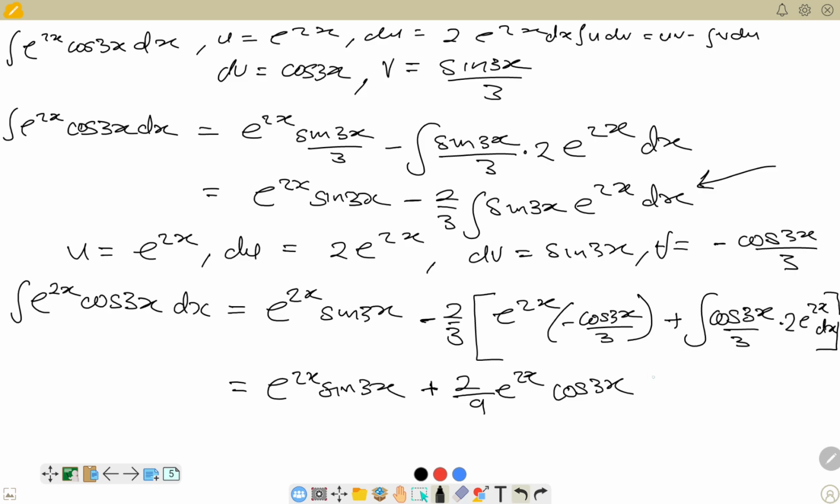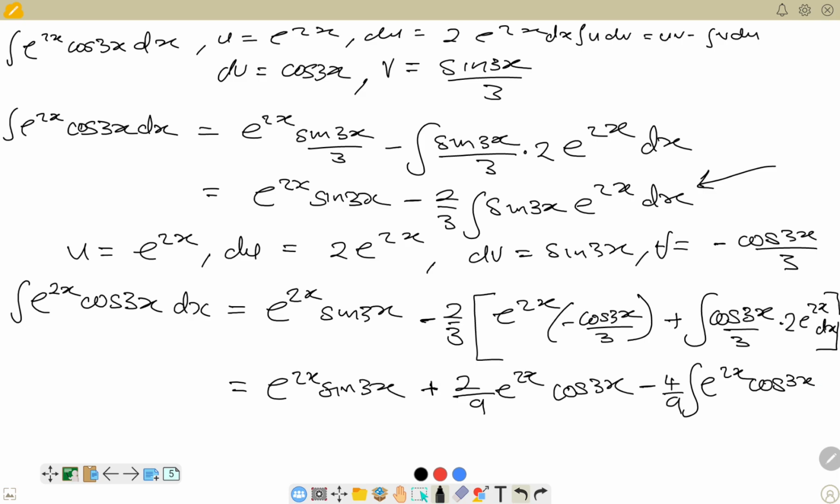And then when we simplify that side where there's the integral, we have 2 over 3. When we multiply by 2 over 3 outside, we'll get negative 4 over 9 integral of e to the power 2x cos 3x.